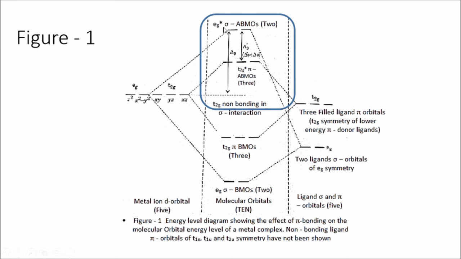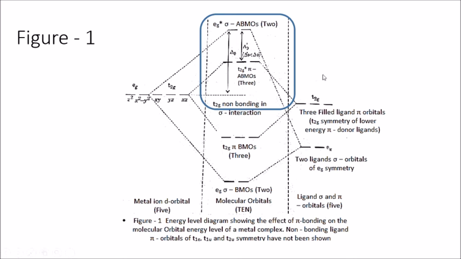So this is the energy gap between sigma T2G non-bonding and EG star sigma ABMOs, and that difference is known as delta O. And the energy gap between T2G star pi ABMO and EG star sigma ABMOs is mentioned here by delta dash O. And you can see the splitting between delta O and delta dash O. Delta O is greater than delta dash O. So those are the things that you need to keep in mind for this figure 1.